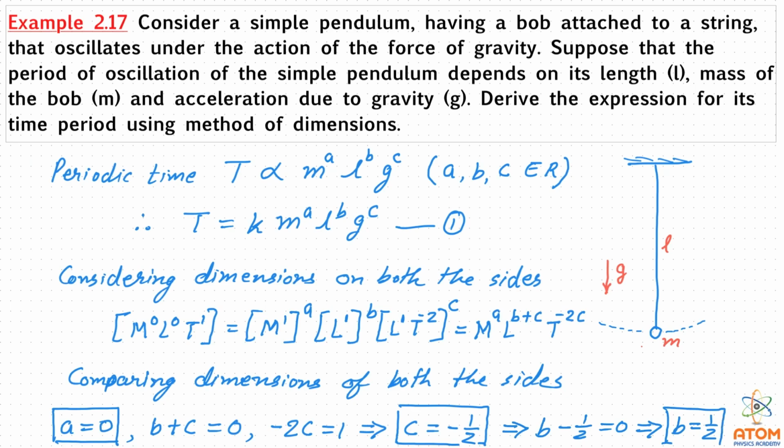So that way, now I am having three values, A equal to 0 and C equal to minus 1 by 2 and B equal to plus 1 by 2, which I will place in this first equation. So let us do that.